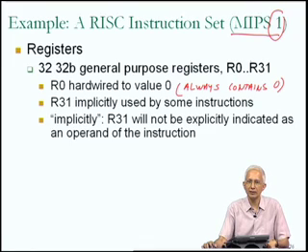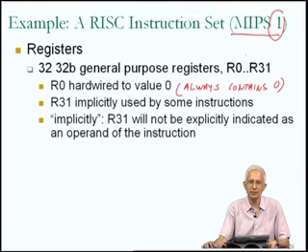And therefore, one has to be a little bit careful as a programmer or as a compiler writer in using R31, because I may think that I can use R31 as the place to temporarily store the value of my variable x from memory, and then I may cause certain instructions to be executed. And some of those instructions might be instructions that implicitly use R31 as a destination, in which case the value that I had stored in R31 will no longer be available.